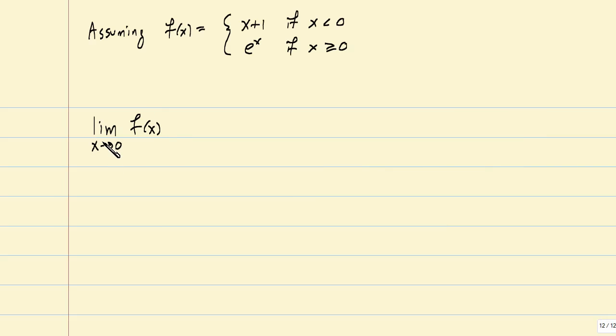Okay, here we're after the limit as x approaches 0 of some f of x, where f of x is this piecewise defined function. Notice, as x approaches 0, it might be bigger than 0, it might be less than 0, and depending on which is the case, changes which expression we use for f of x.